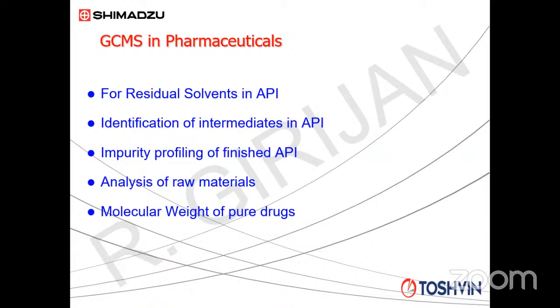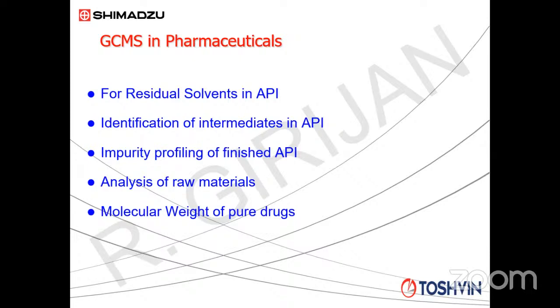Once upon a time, it was known as OVI, organic volatile impurities, but now it is renamed as residual solvents. The method is 467, and USP recommends 3 different procedures: Procedure A, B, and C. A is for identification, B is for confirmation, and C is for quantification.